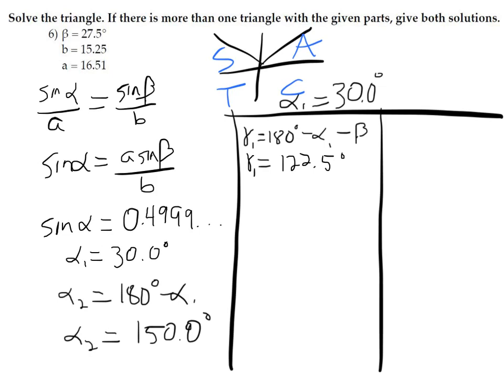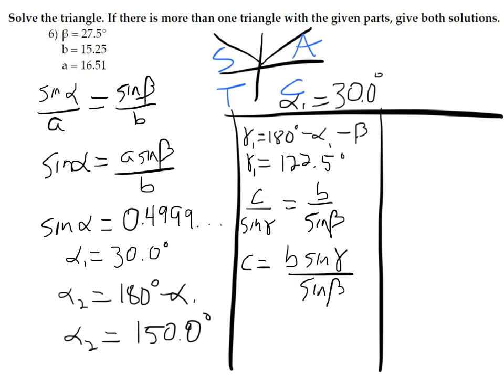So now we go after C. C over sine gamma equals, and our complete pair to begin with is B over sine beta. So C equals B sine gamma over sine beta, and when we plug that into our calculator, we get 27.85, which we'll round to 27.9.